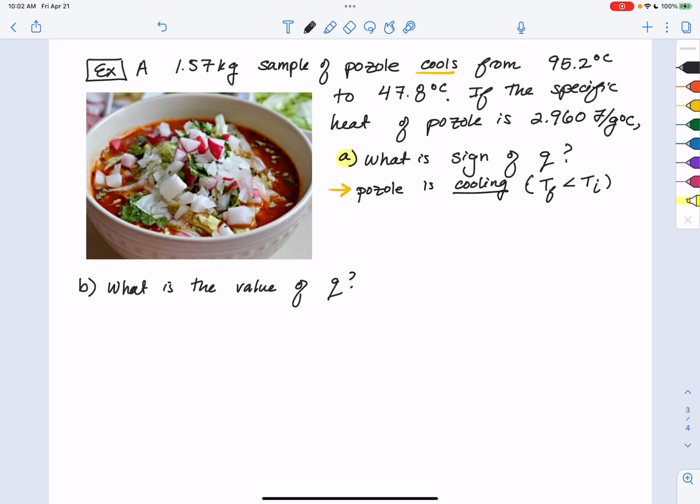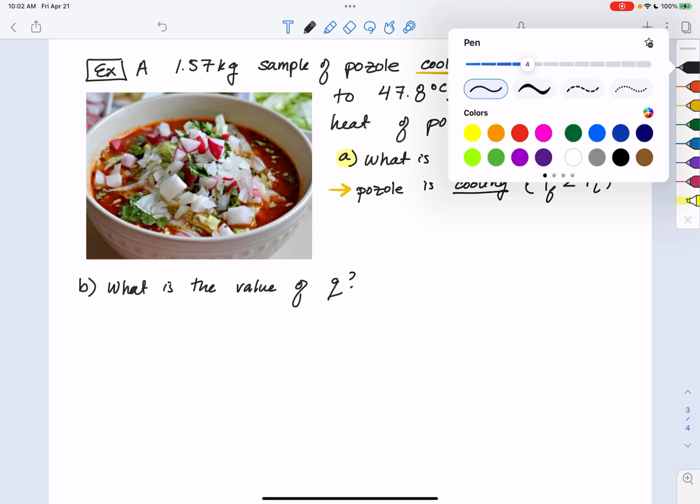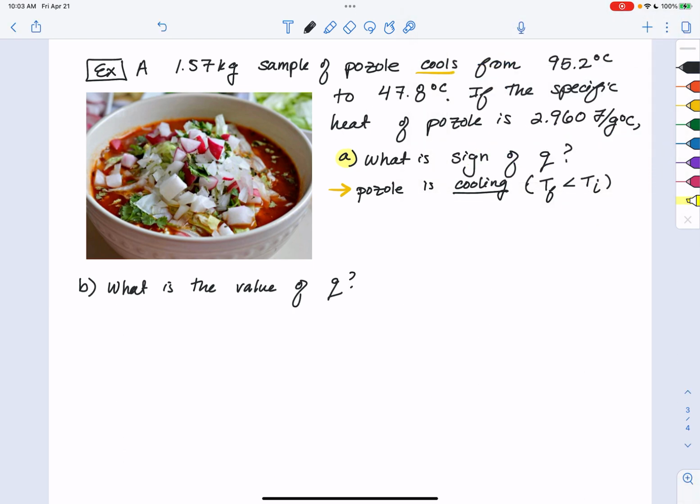Let's think about what the sign of Q needs to be in a cooling process. In a cooling process, we've got thermal energy that is transferred out of the system.